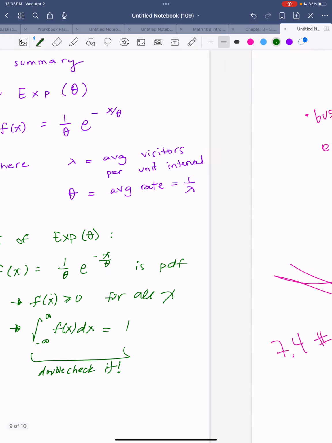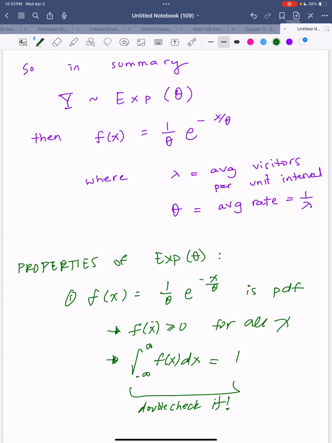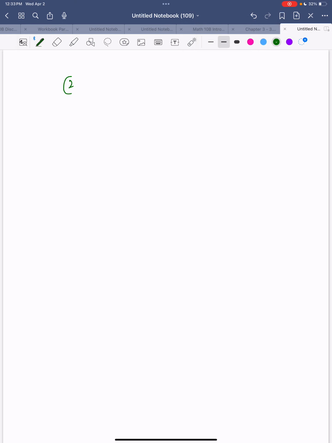The second property, we're continuing with our properties here. Second property is that the expectation, and I think I've given this for homework, is going to be theta. And how do we compute this? Well, remember, that's the integral from minus infinity to infinity of x f of x dx, where this is your PDF.